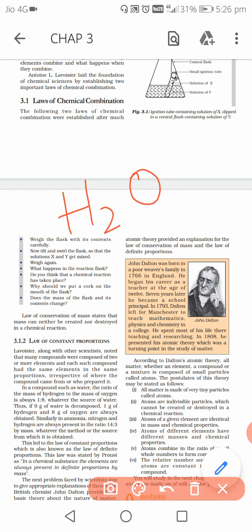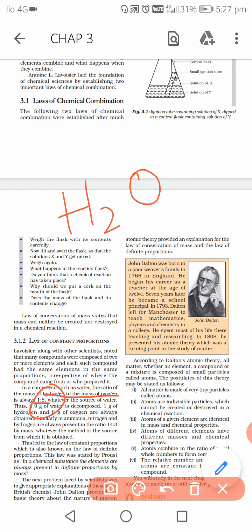It is seen that when water is formed, hydrogen and oxygen remain in which ratio? 1:8. This ratio is always constant. Whether you take this water from a pond or from any other source, the composition, that means hydrogen and oxygen, will always remain in this ratio, which is 1:8.